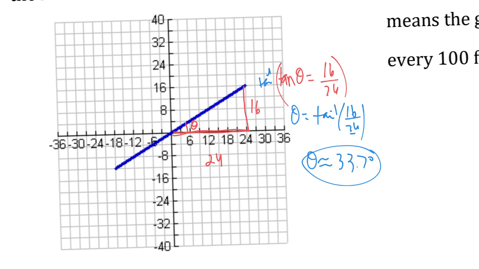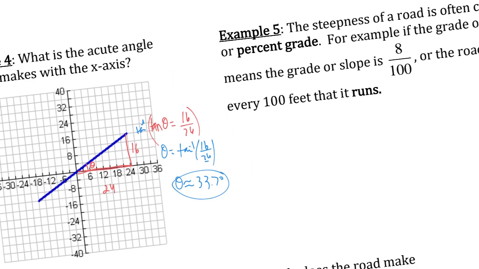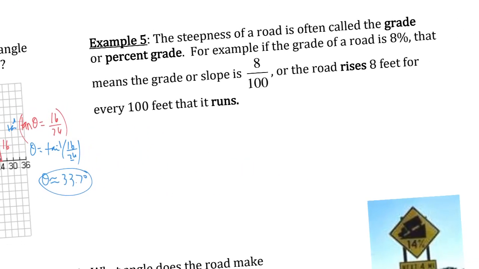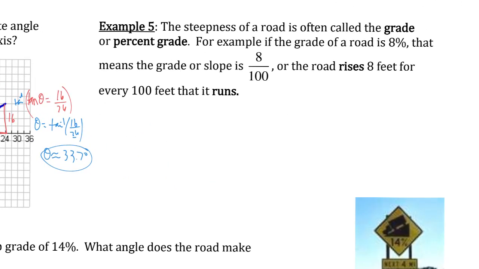All right, moving smoothly along. They're talking about how steep a grade is. If you go to the mountains, they oftentimes will give you the grade of the road, and it's kind of out of 100. So the grade is the rise over the run. So this is 8 feet for every 100 feet here. What they want you to do is find how many degrees this theta would be.